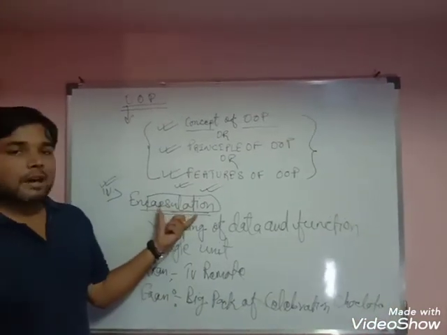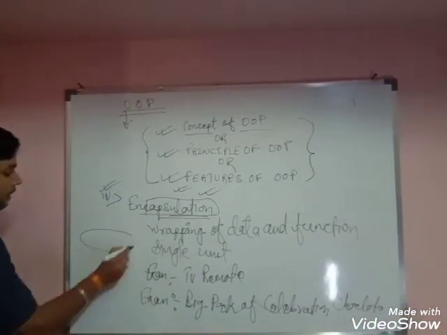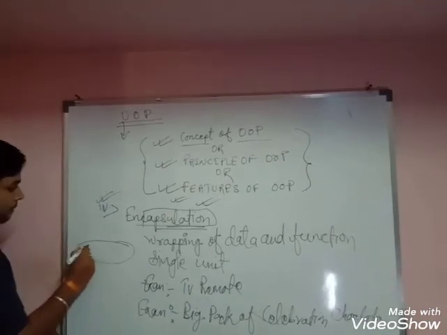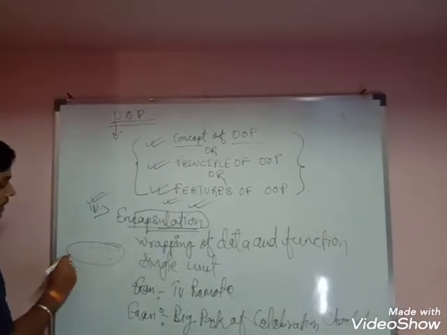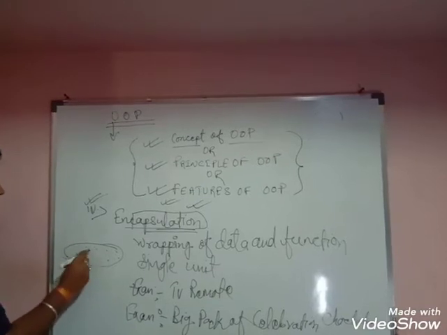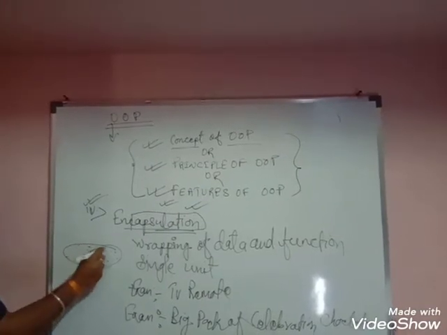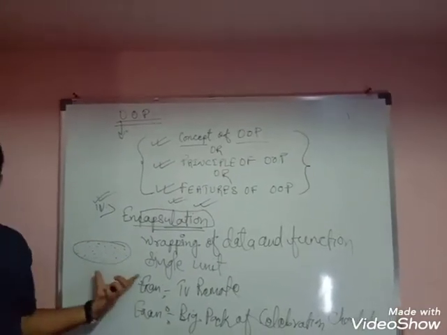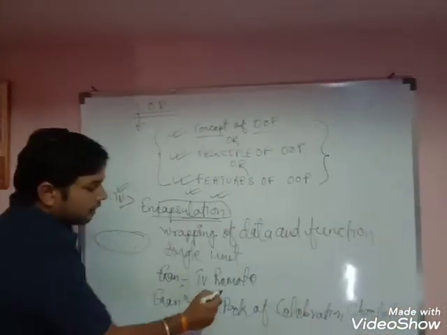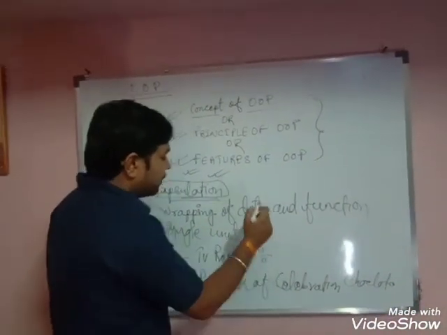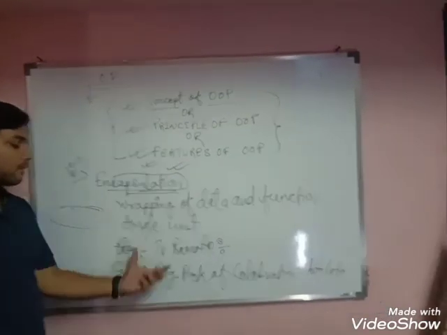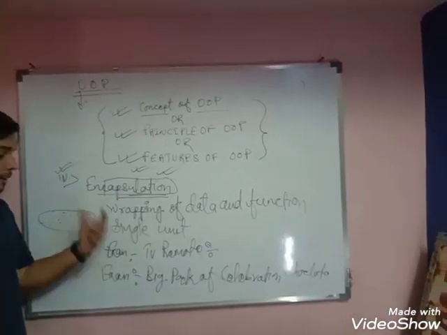Here the word is capsule. You have seen that if the capsule is like that, there are many things wrapped inside that capsule. So this is called encapsulation, wrapping of anything inside a pack. If I give the example of a TV remote, how is it connected to this?